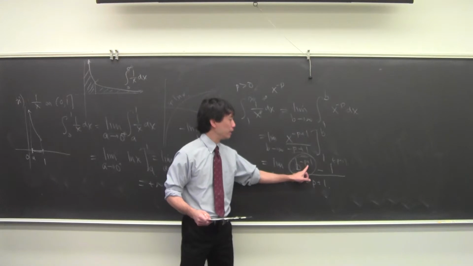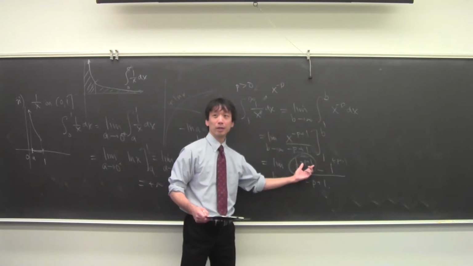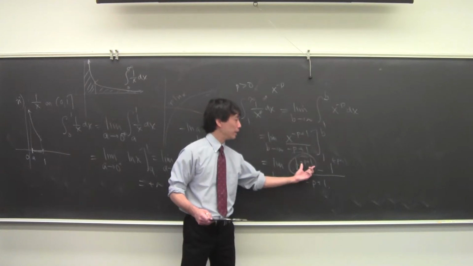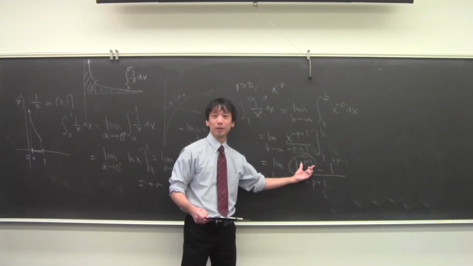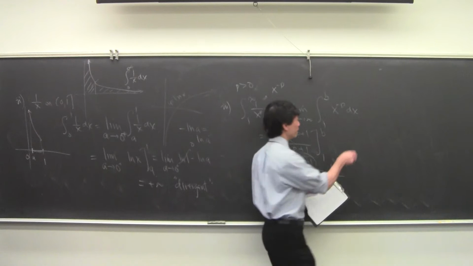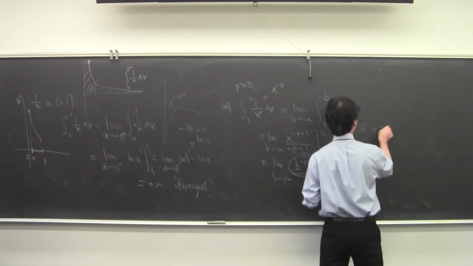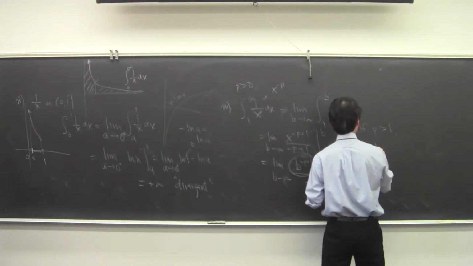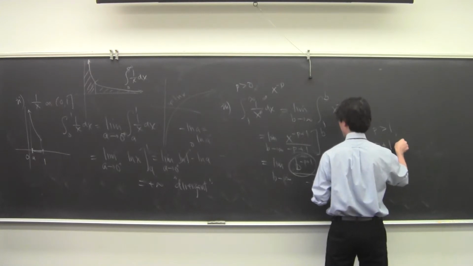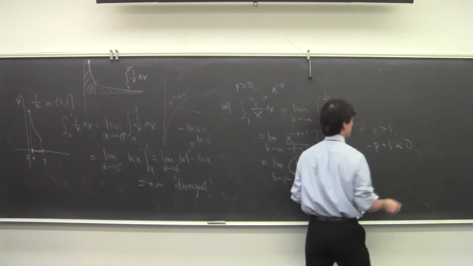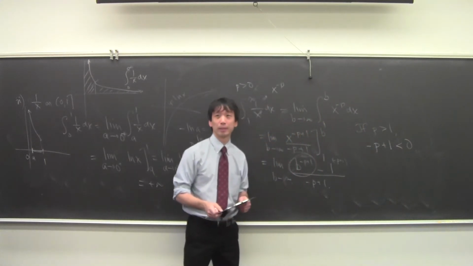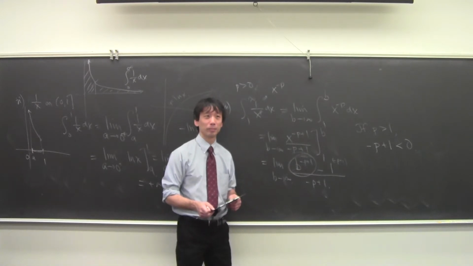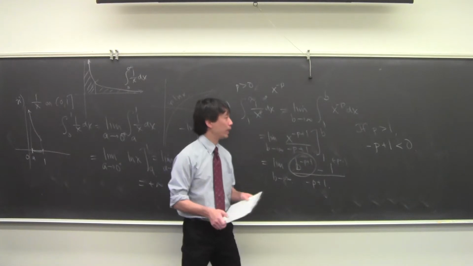If p is bigger than 1, then negative p plus 1 is smaller than 0, so this is a negative power.